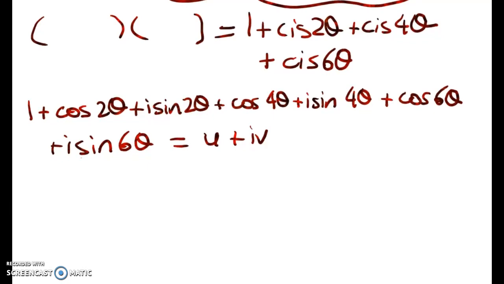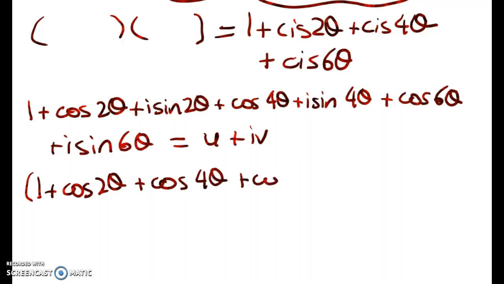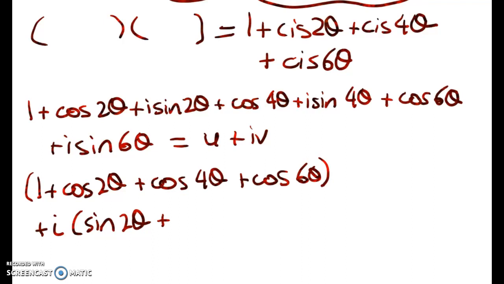So let's look at the real part of each of those and the imaginary part. So reordering, 1 plus cos 2 theta plus cos 4 theta plus cos 6 theta, plus i times these things.